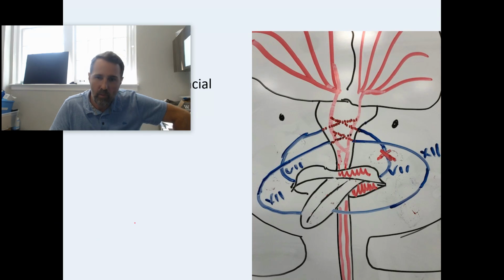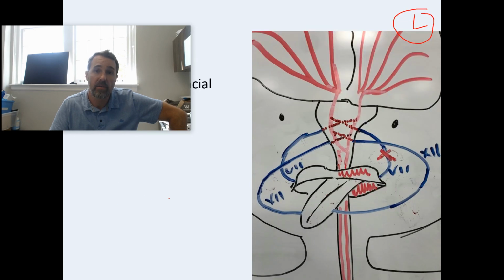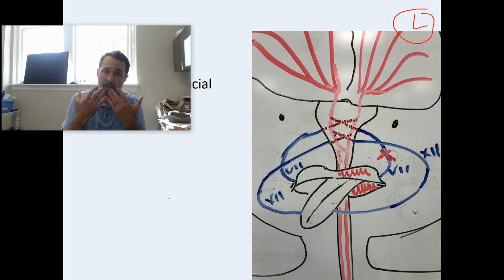So if we have rendered the left side of the lips flaccid and weak, how is that going to affect the 4 stages of a normal swallow? Well, during oral prep, lips have to be sealed. Otherwise, you're chewing and you're going to be spilling parts of the bolus out of your mouth.